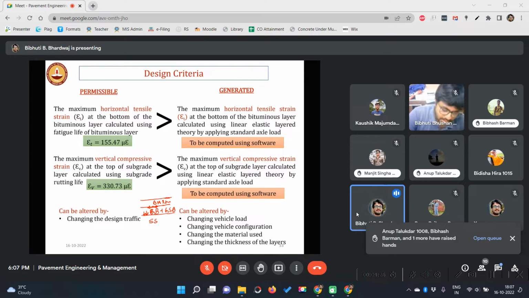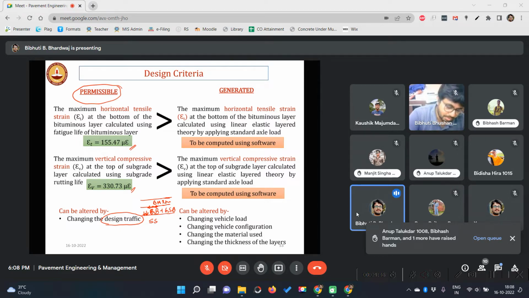So there are two types of strain. One is permissible, which we calculated based on the design traffic, that if the strain generated is less than this permissible value, then we can say that our pavement will not fail in its design life.